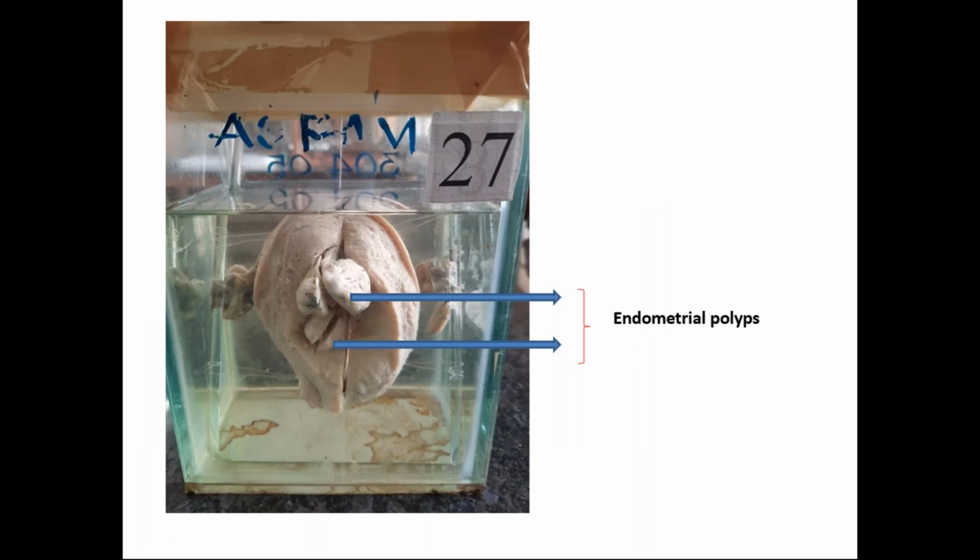This is the gross picture in a lab. So this is the abdominal hysterectomy with bilateral salpingo-oophorectomy specimen. The cut open section shows two polypoid structures which are probably arising from the endometrium.